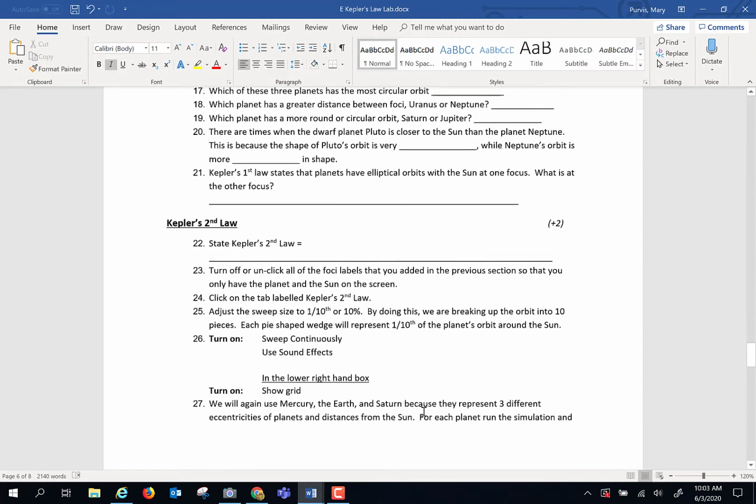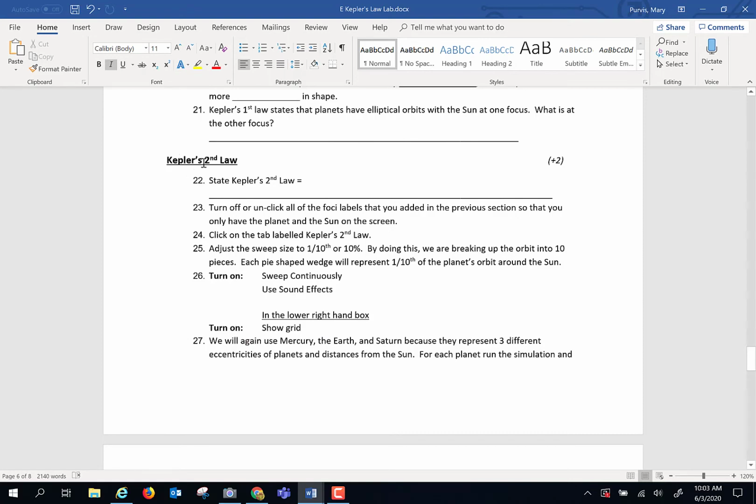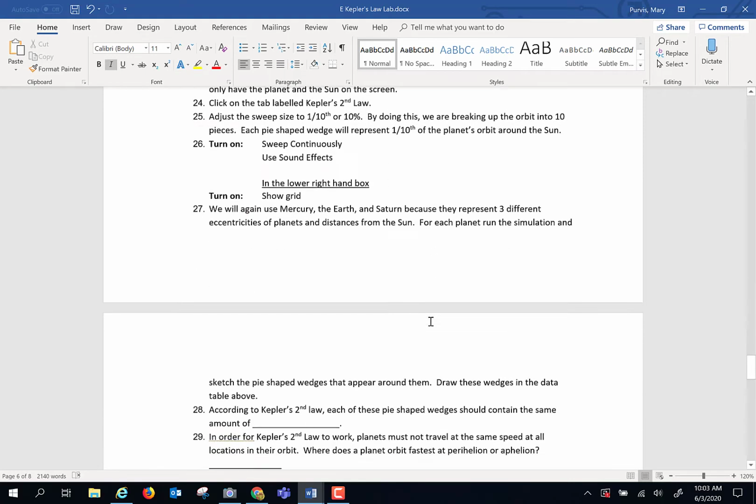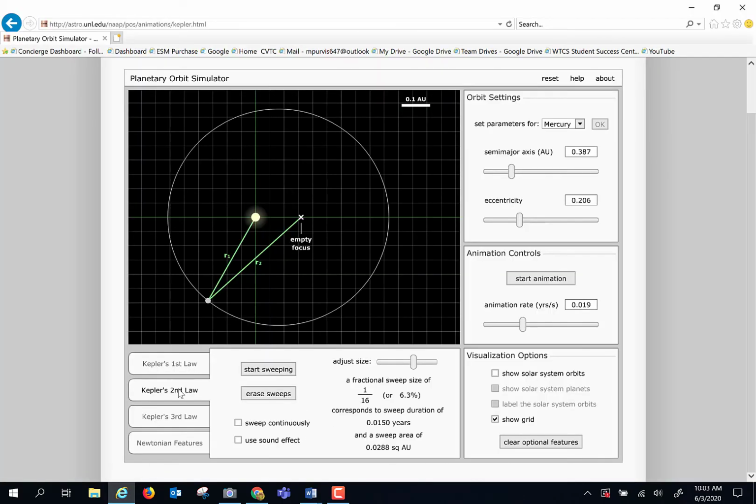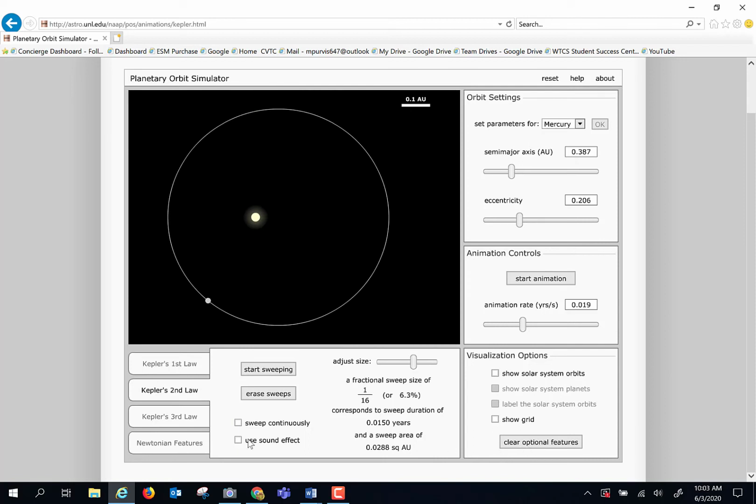We're also going to use the Kepler's second law feature in the simulation. When you get to the Kepler's second law animation, I'm going to ask you to clear the options. We have sound effects, sweep continuously.